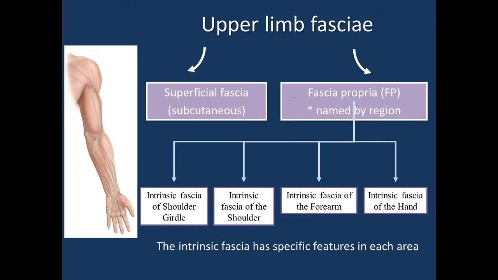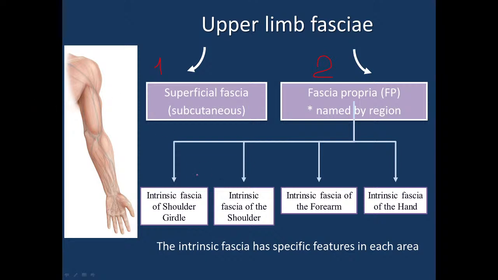Fascia of the upper limb. Usually each part of our body, every part of our body, and the upper limb is no exception. Where we don't see any internal organs, such parts usually have two fascias, superficial and propria.